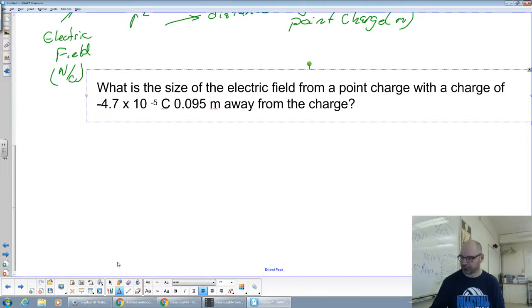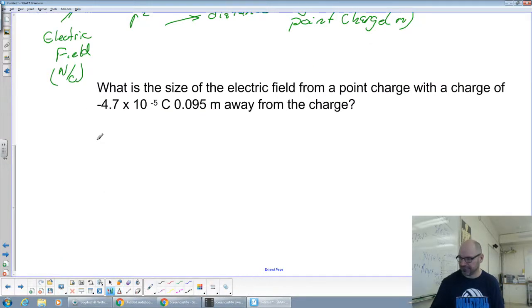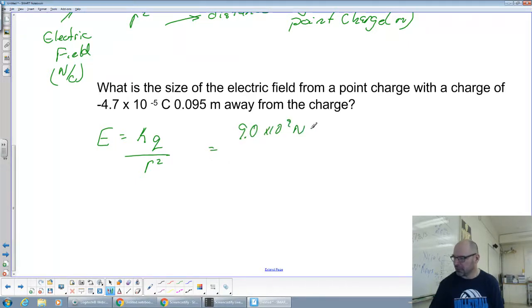So if we do that one, we can take our equation, E equals K Q over R squared. We know that K is a constant, so that's 9.0 times 10 to the 9 newtons times meters squared over coulomb squared.